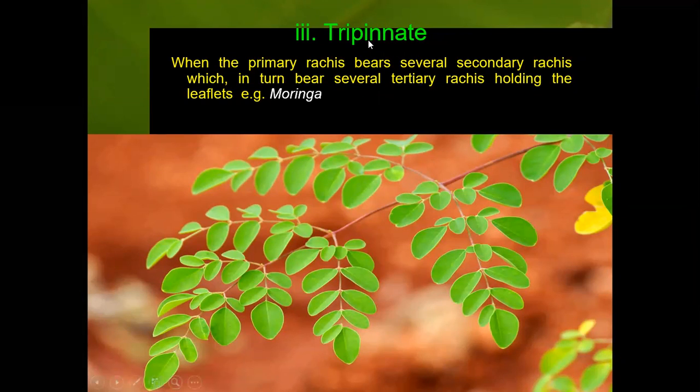For example, mimosa and acacia. Next we study tripinnate. When the primary rachis bears several secondary rachis, which in turn bear several tertiary rachis holding the leaflets, when the rachis branches thrice, the leaf is called tripinnate.